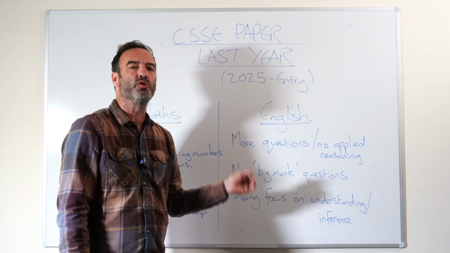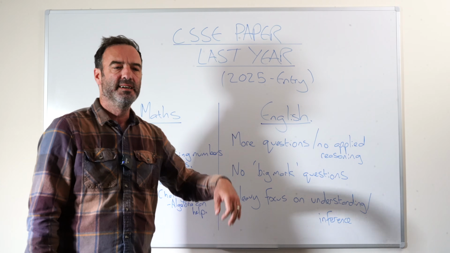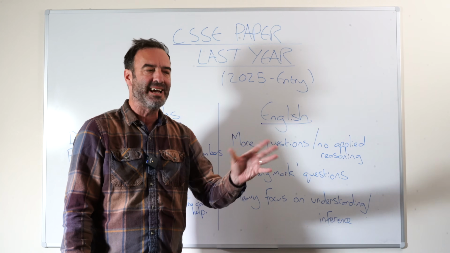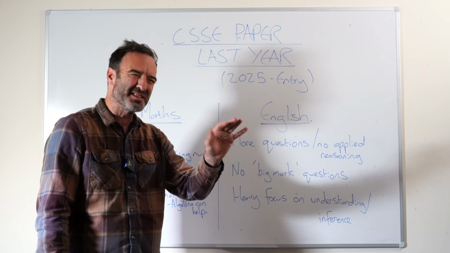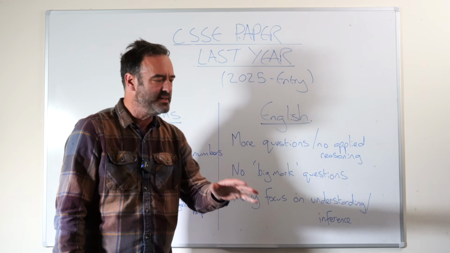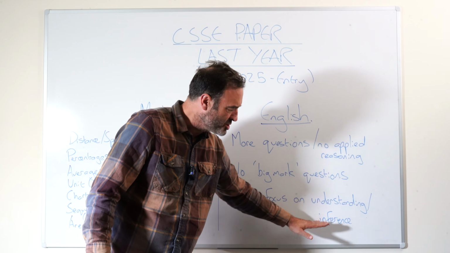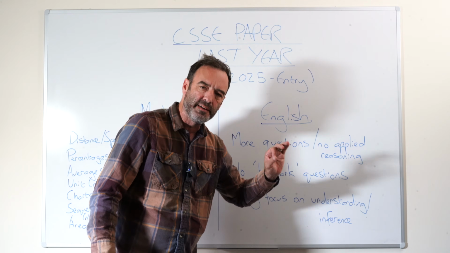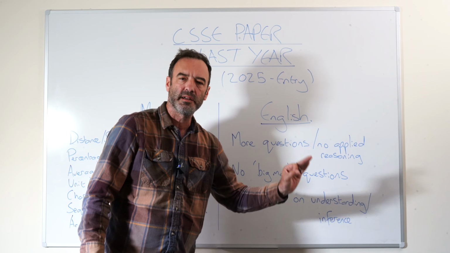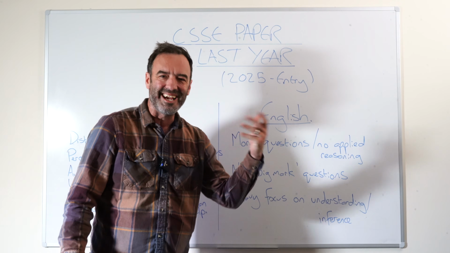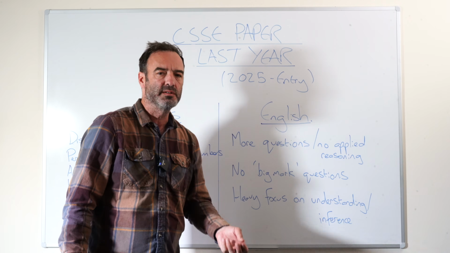So the text is not difficult. We're not seeing Dickensian type text. We're seeing popular classic books, text for children. We just want a few hard words, but nothing crazy. But what we are seeing is a heavy emphasis on true understanding, inference, looking for the clues in the text, and understanding perspectives, understanding context of what's happening, all those types of things.